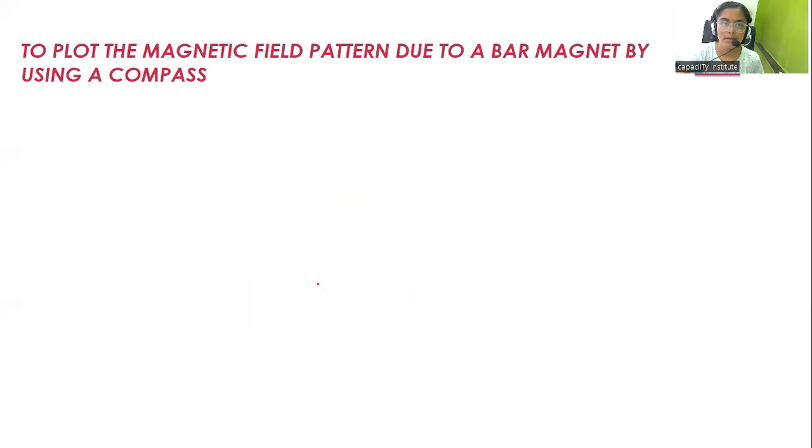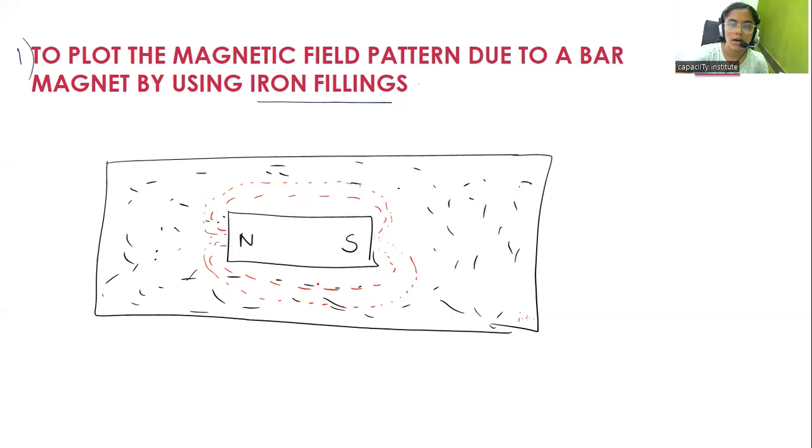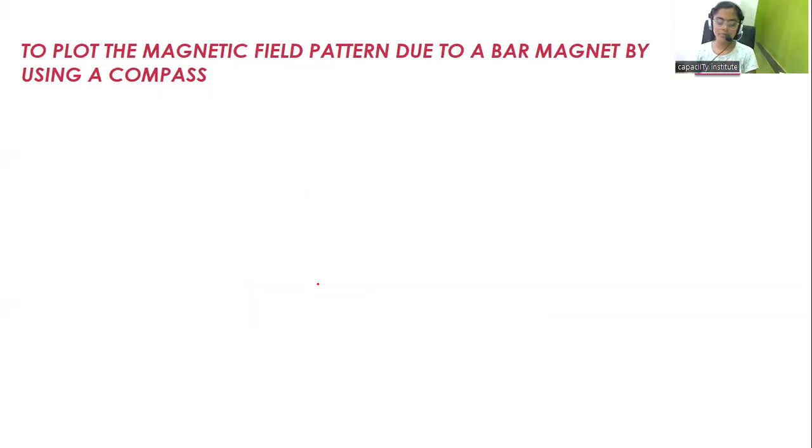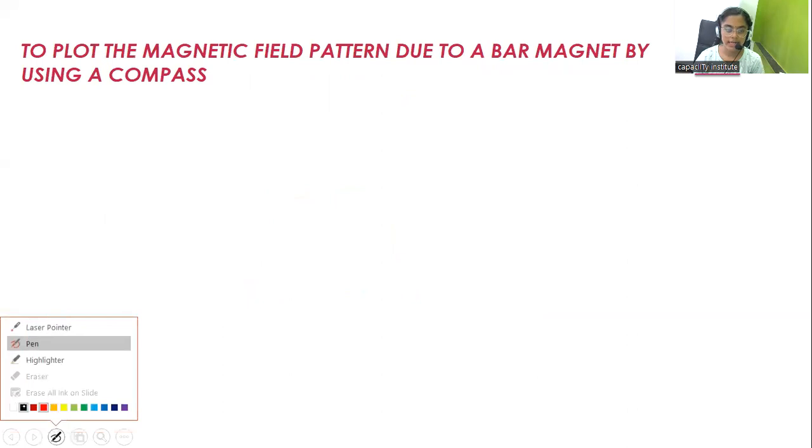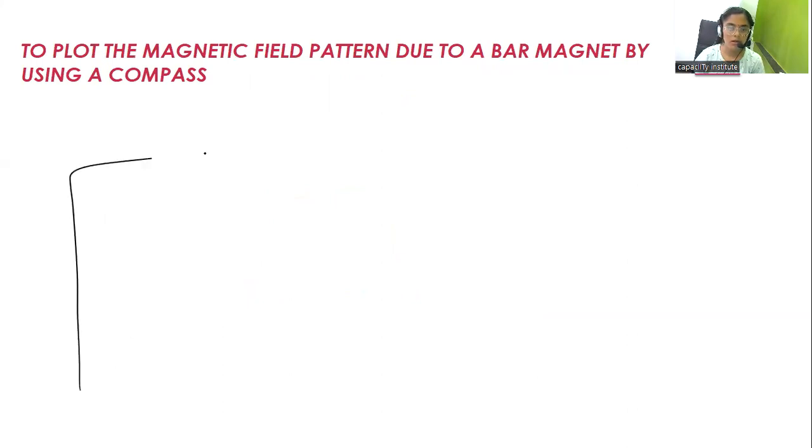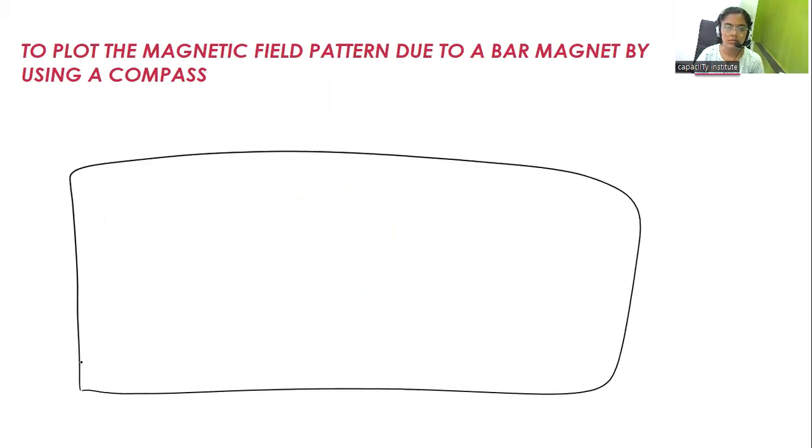Now, second thing: to plot the magnetic field pattern due to a bar magnet by using a compass. We saw this using iron filings, now using a compass. How are we actually going to do this? In the same way, take a drawing sheet and place a bar magnet.